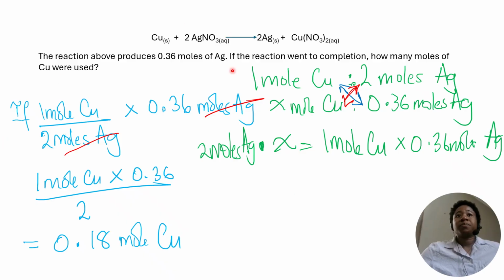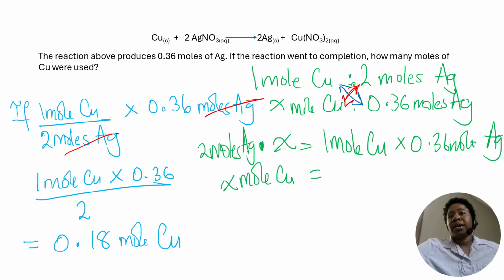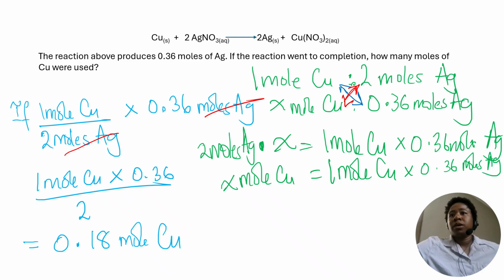All right, so for us to isolate the X mole copper, we're going to divide both sides of the equation by 2 moles silver. So we're left with 1 mole copper times 0.36 moles silver, and again divide by 2 moles silver.